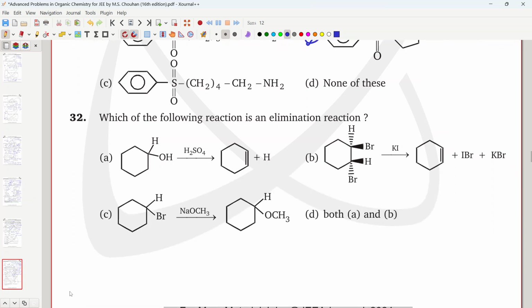Now, which one of the following is an elimination reaction? Now, cyclohexane. Elimination reaction basically gives a double bond in the products. Double bond, double bond. No double bond, not possible. So, option D. So, alcohol gives alkene.